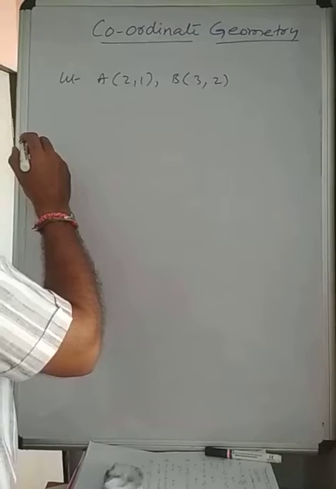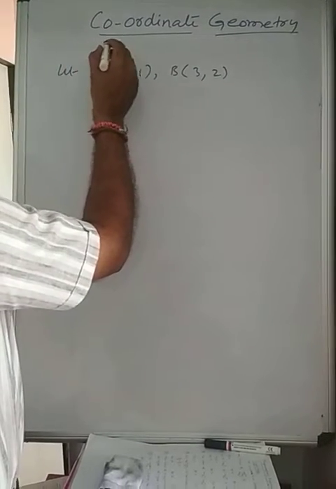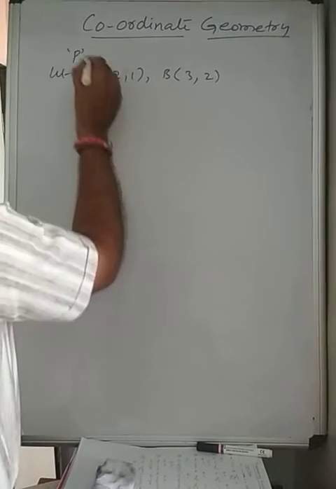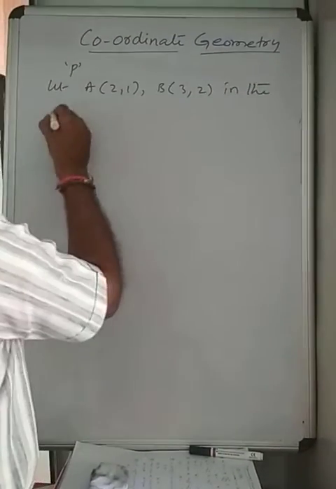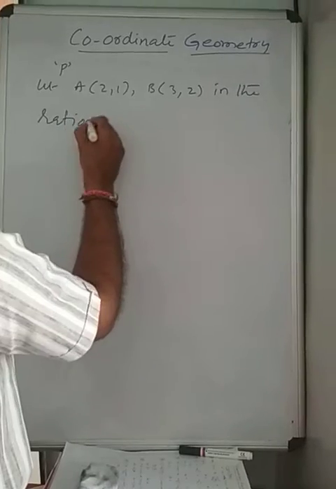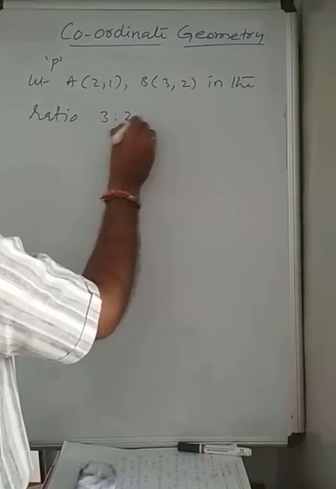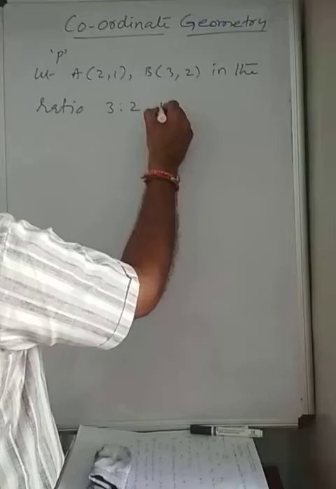Find the coordinates of P that divides AB in the ratio 3:2 internally.